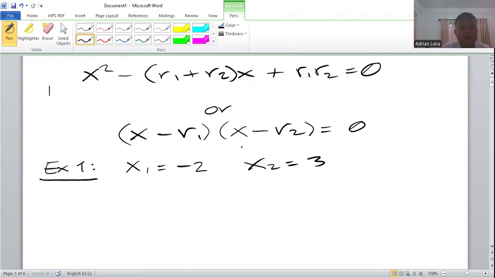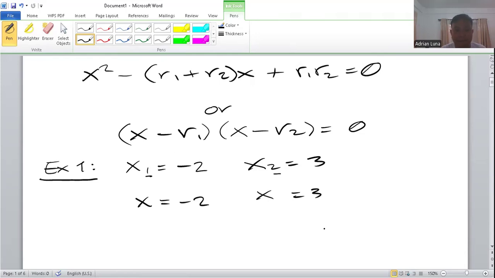R1 and x1 are just the same. So R1, or the first root, is equal to x1. Second root, R2, is equal to x2. So first step is we're going to remove the subscript, yung 1 and 2. X is equal to -2. X is equal to 3.